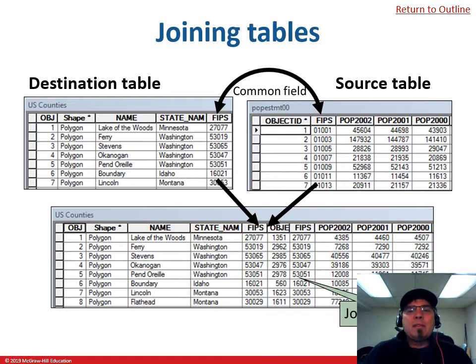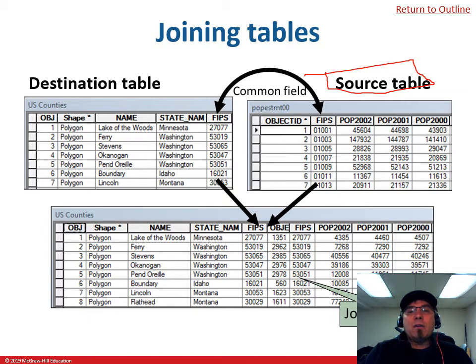The problem is the data that you want on your map is in one table, and it may or may not have any type of spatial geometry with it. So if you look at my table over here on the right, this table, the source table, has no points or polygons. There's nothing in there that says polygons, polylines, or points. So how am I able to use that then?